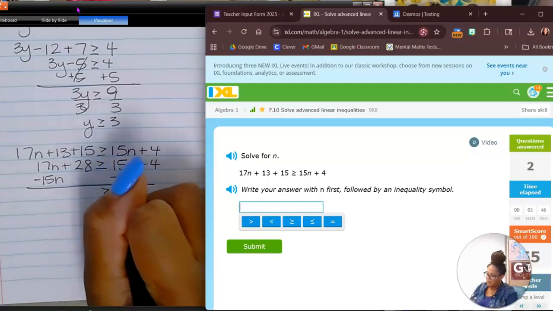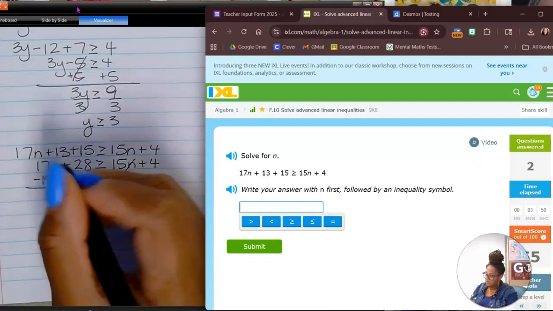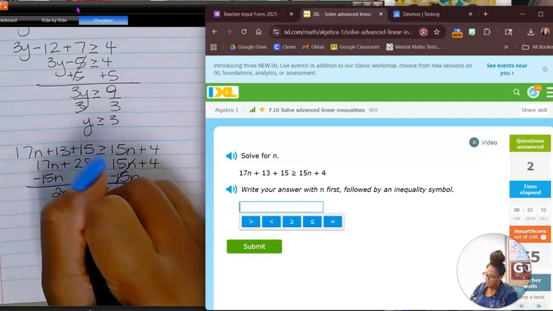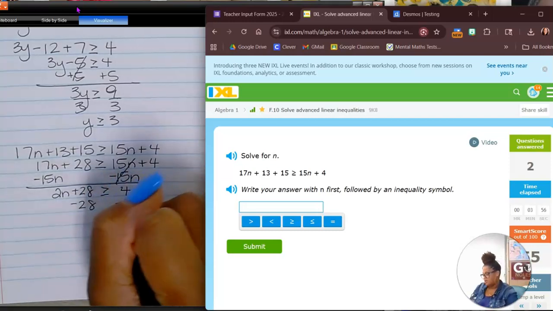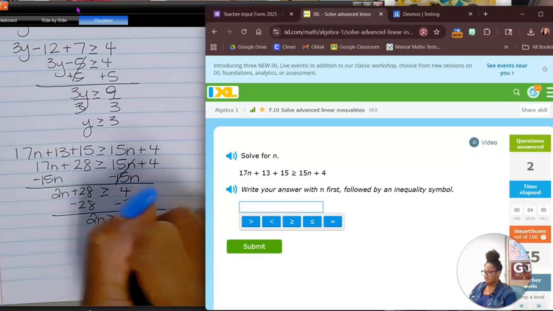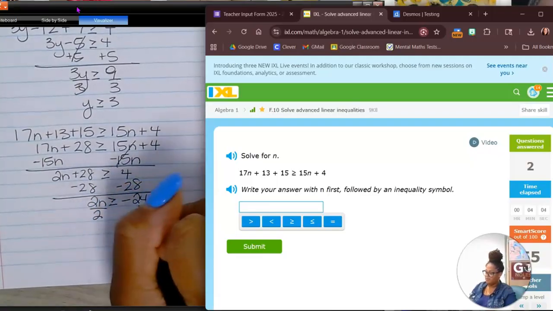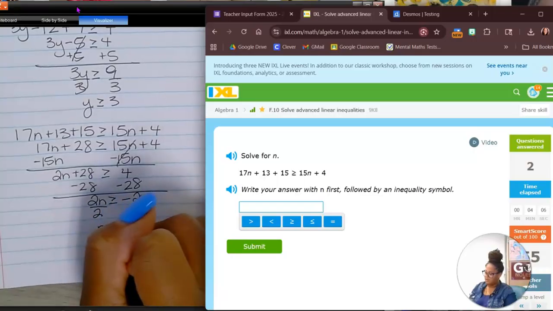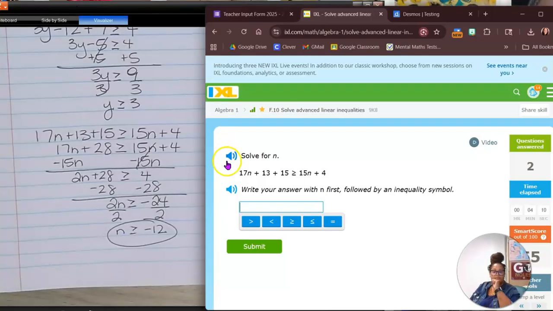I still have a 4 on this side. 17n minus 15n is 2n plus 28. Then I subtract 28, I'm left with 2n is greater than or equal to, this is negative 24, divide by 2, n is greater than or equal to negative 12. N greater than or equal to negative 12.